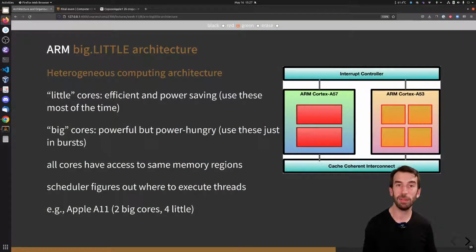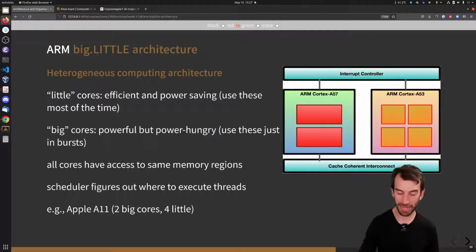ARM is a company that designs architectures for CPUs. They don't make CPUs. Other companies make the CPUs, like Nordic Semiconductor, who make the ARM Cortex M4 in your micro:bit, or Apple, that makes the chips in your phone, or maybe NVIDIA makes the chip in your Nintendo Switch. And they had this idea of an architecture which would have different kinds of cores.